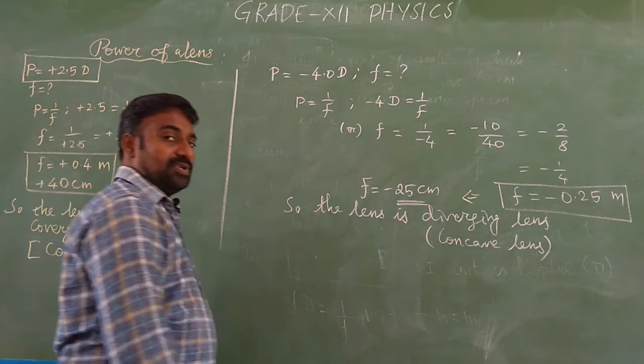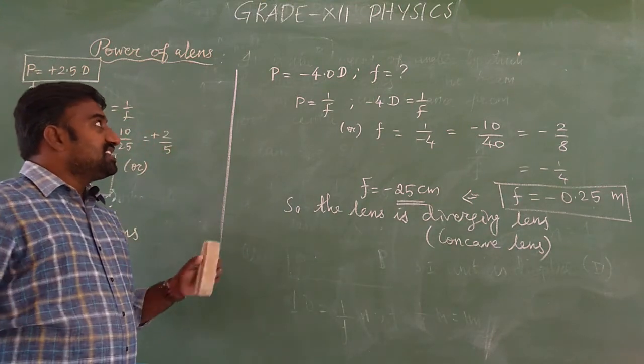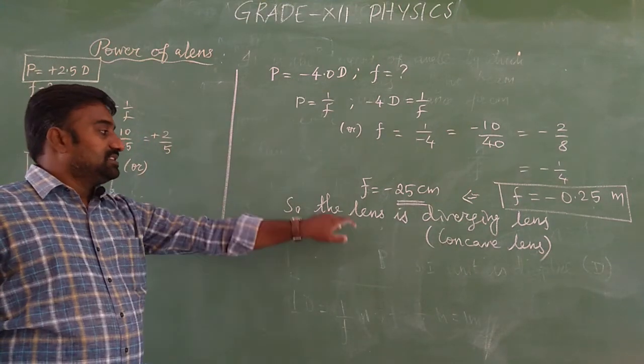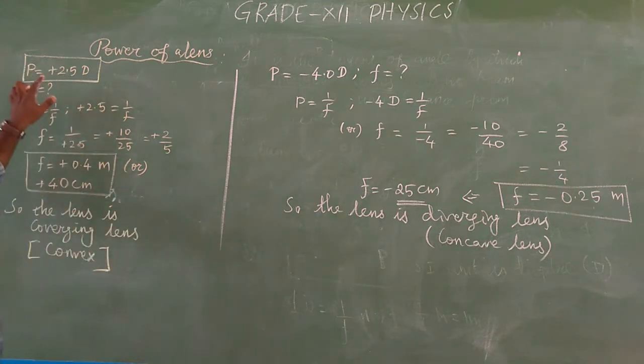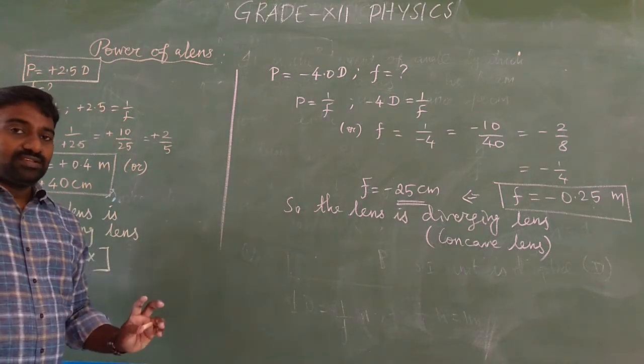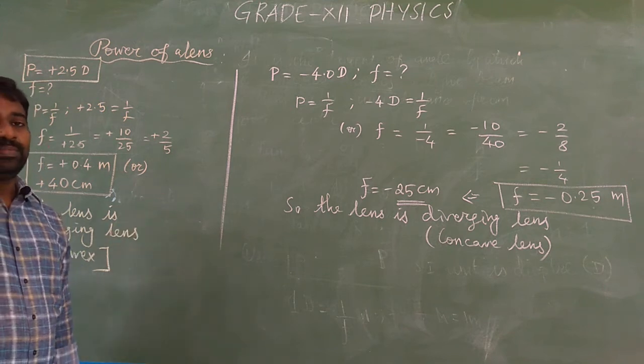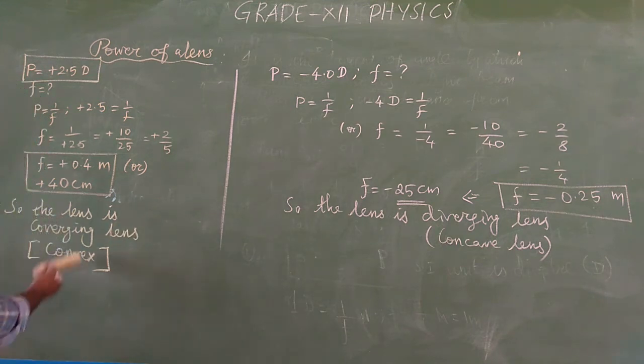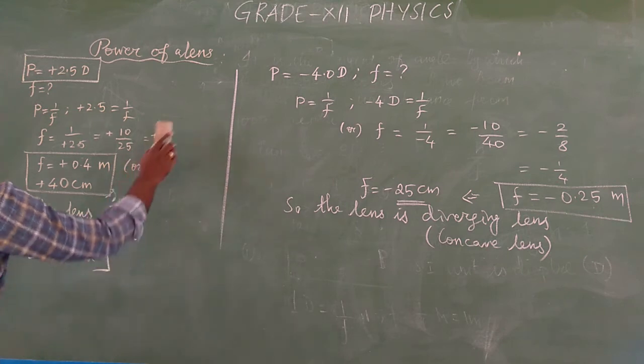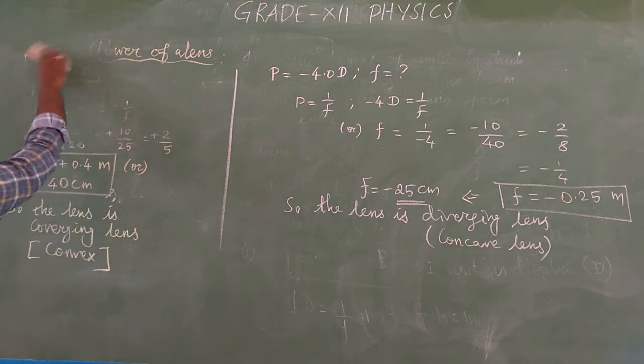So if the power comes in minus, then the lens is diverging. For positive power, the lens is converging. So the ability to converge or diverge the light rays depends on its focal length. That only we call power. Okay. The next topic is combination of thin lenses in contact.